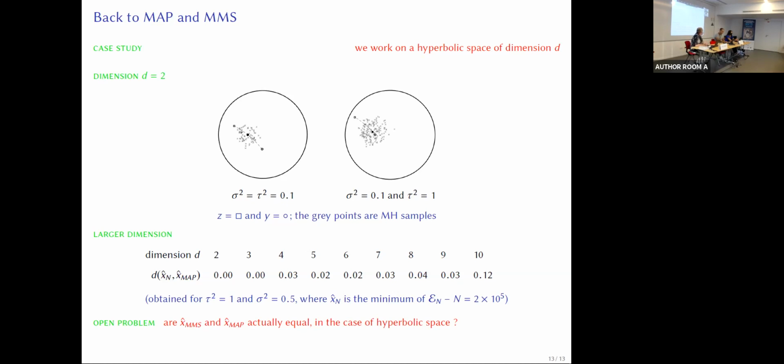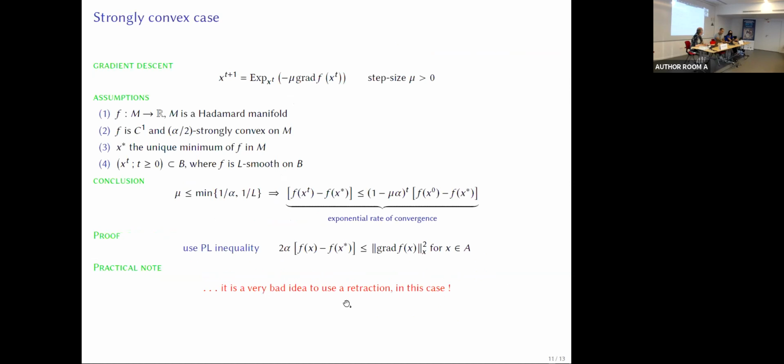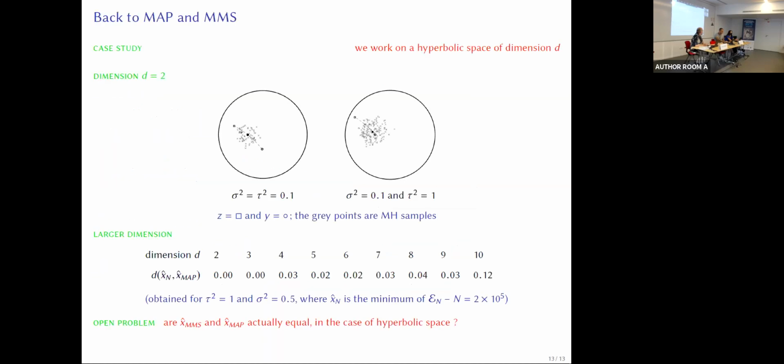You want to take mu as big as possible within this constraint, and you'll get something good. I have done experiments on spaces of covariance matrices, so not constant curvature. I still get this very good convergence. But for now, it doesn't seem to me the distance is so small there. So maybe the result is really in constant curvature.